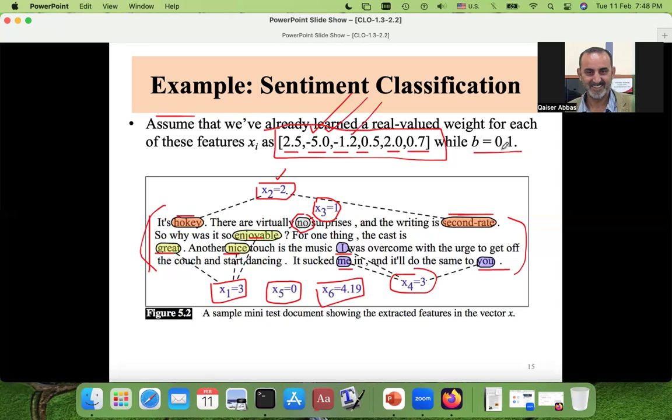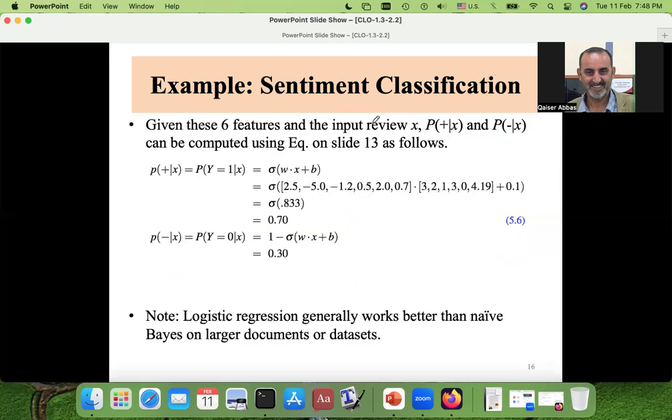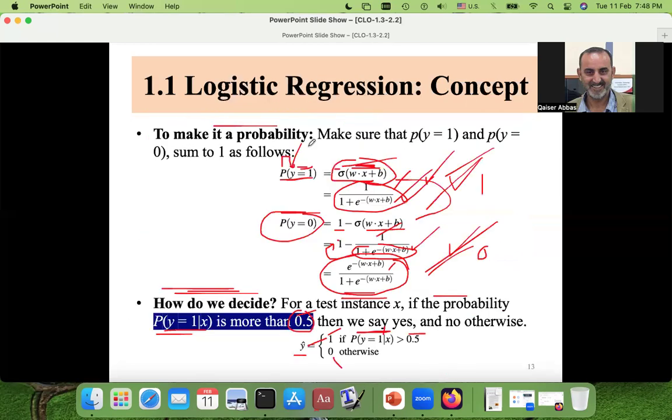What will you do? So in this sentiment classification example, we have seen our equation for probability calculation. We have the weights, we have the input, we have the bias.